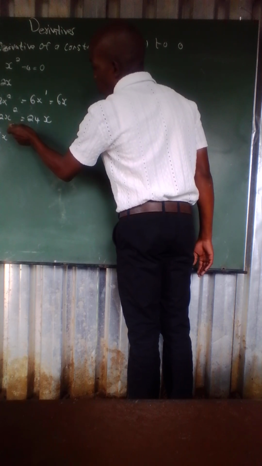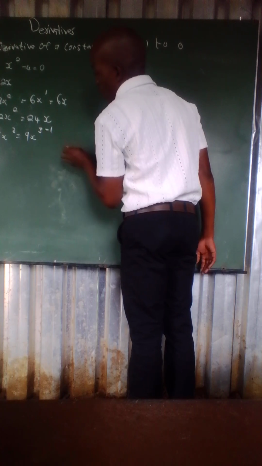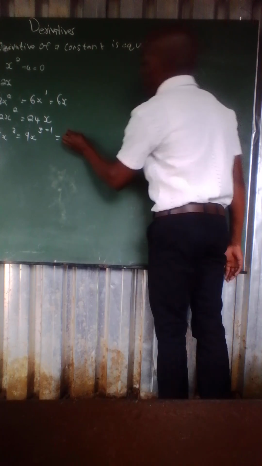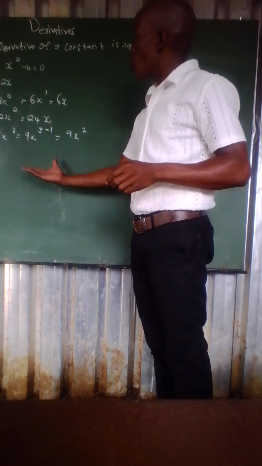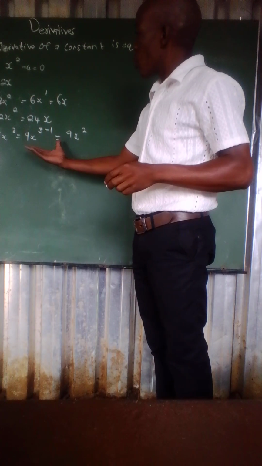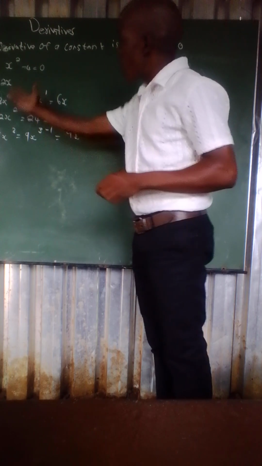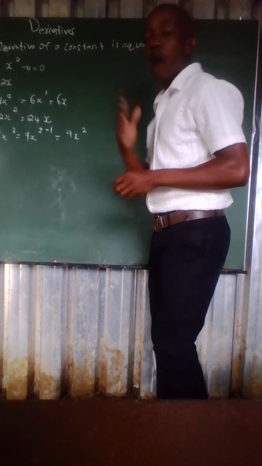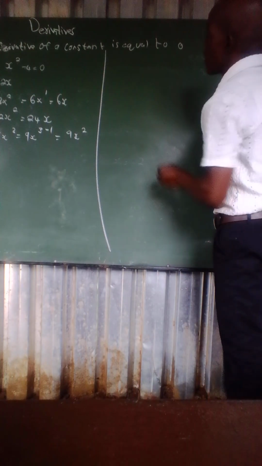Then on top, 3 minus 1, then you will end up having 9x squared. Mind you, this is what you do when you are being asked to calculate or find the derivative of the following.